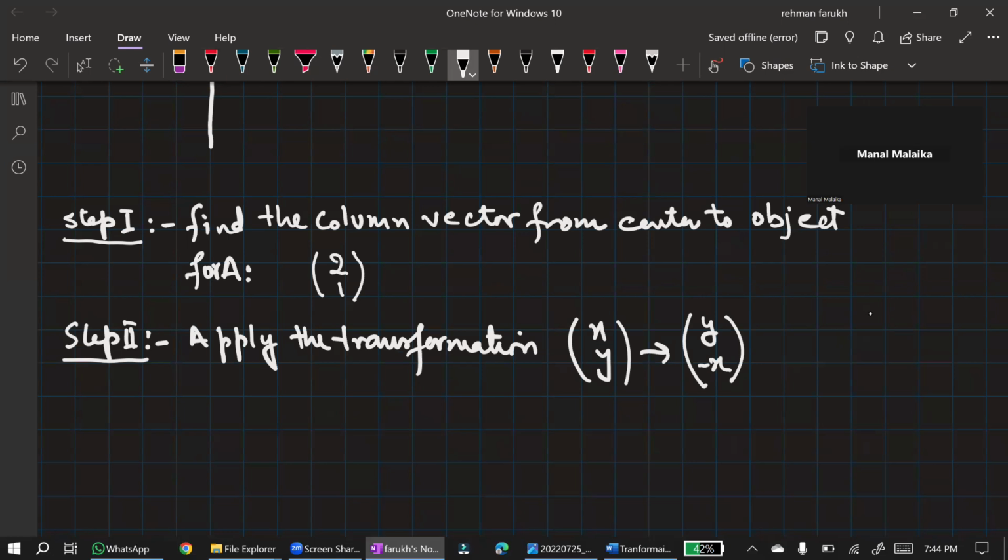This transformation is applicable only in the case when there is a 90-degree clockwise rotation. Now, when we apply this transformation onto this, what will be the answer? Sir, (1, -2). Correct. We will interchange these two and change the sign of x.